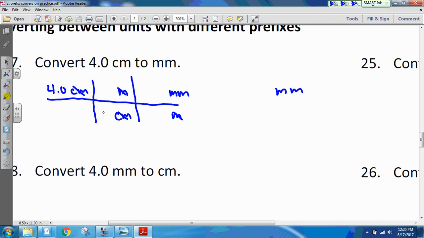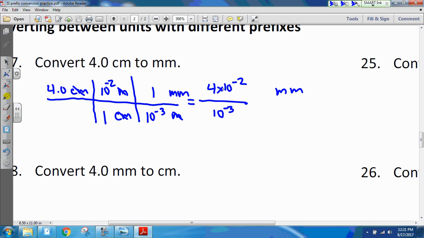Okay, 1 centimeter, according to our prefix chart, is a 10 to the negative 2 meter. And 1 millimeter is a 10 to the negative 3 meter. So we multiply straight across on the top, and I have 4 times 10 to the negative 2. I multiply straight across on the bottom, and I have 10 to the negative 3, and I have millimeters on top.